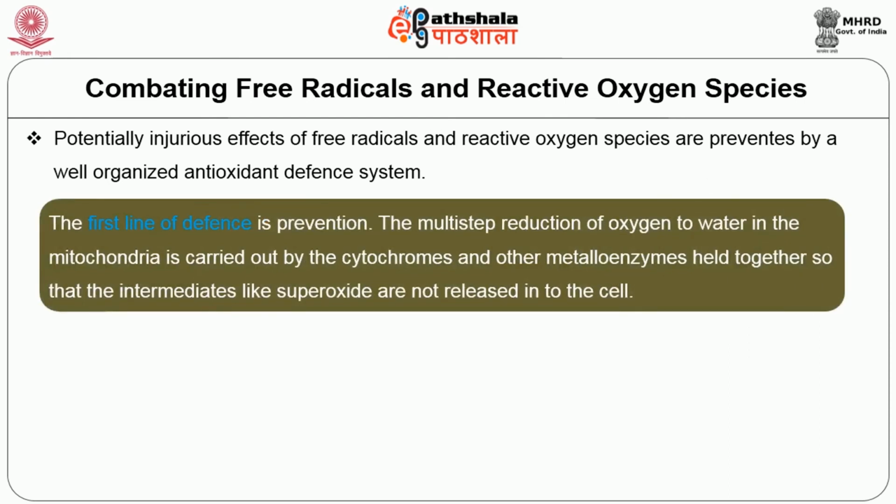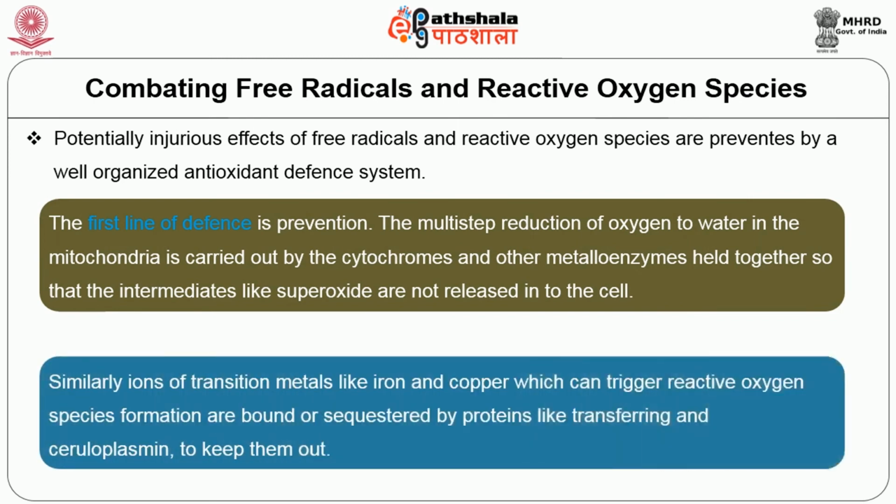The multi-step reduction of oxygen to water in the mitochondria is carried out by the cytochromes and other metalloenzymes held together so that the intermediates like superoxide are not released into the cell. Similarly, ions of transition metals like iron and copper, which can trigger reactive oxygen species formation, are bound or sequestered by proteins like transferrin and ceruloplasmin to keep them out.